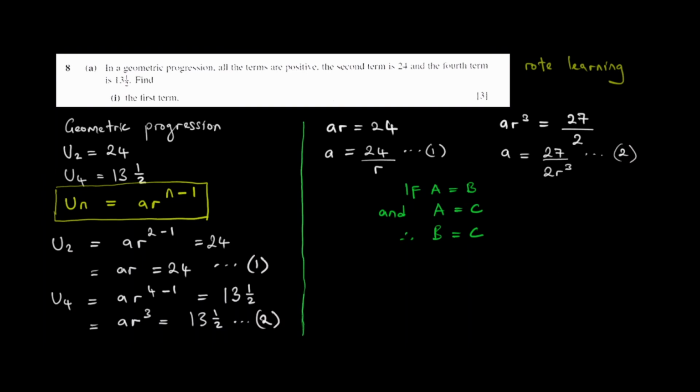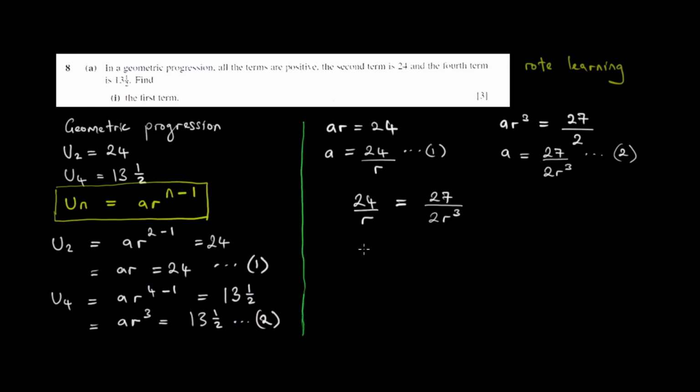Mapaona? So that is what we want to apply here. a is equal to 24 over r. a is equal again to 27 over 2r cubed. Kureva kuti 24 over r is equal to 27 over 2r cubed.